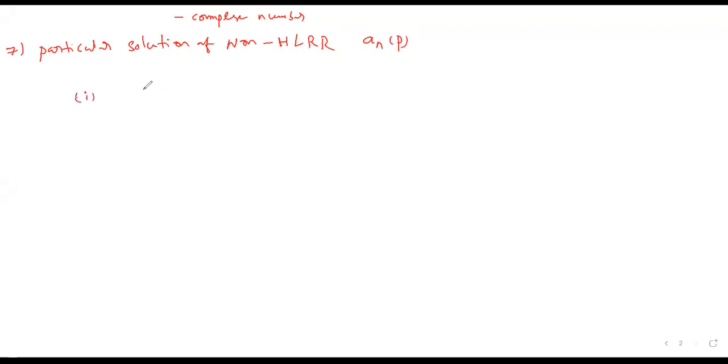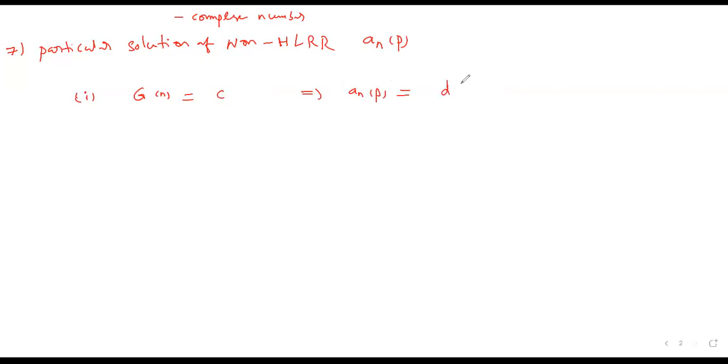Suppose gn, which I already told you, is a constant. The point number 1. What is the right side part? Gn is some constant c1. At that time we take an of p equal to some constant d.